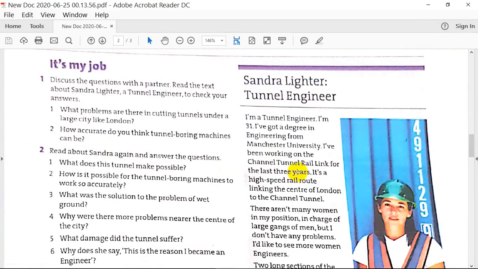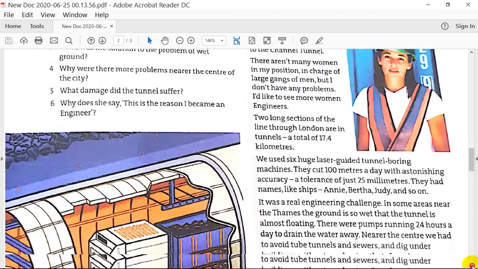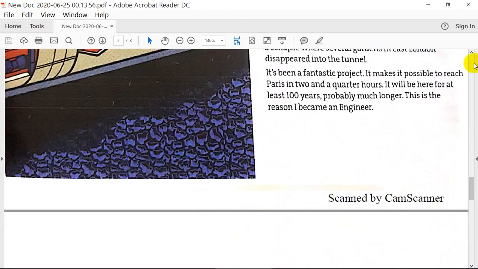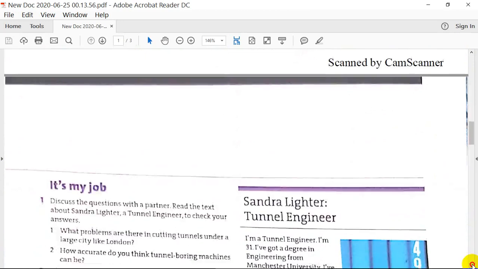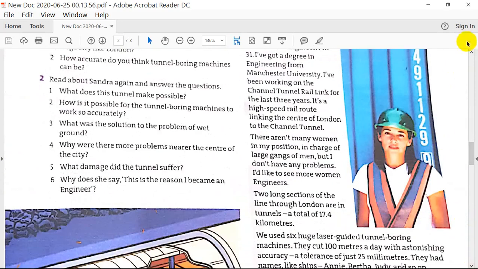Now we have here some questions down, but before answering these questions, we have to read about her, and then we can answer the questions. The questions here, let us at the beginning read the questions, and then we can spot the answer from the paragraph.